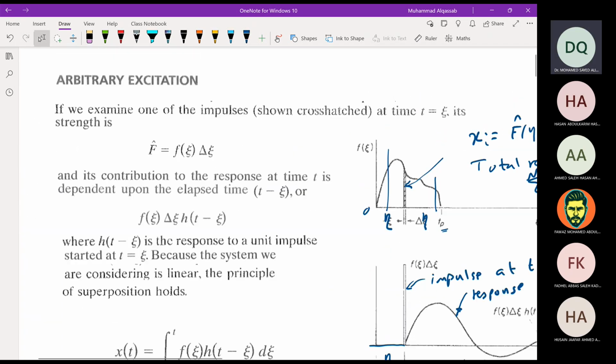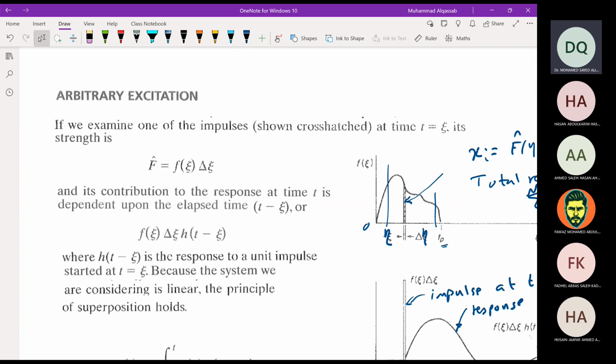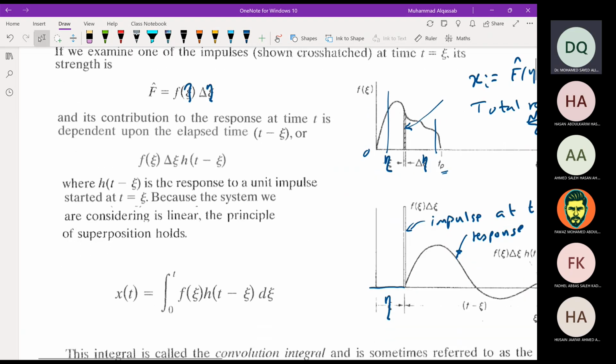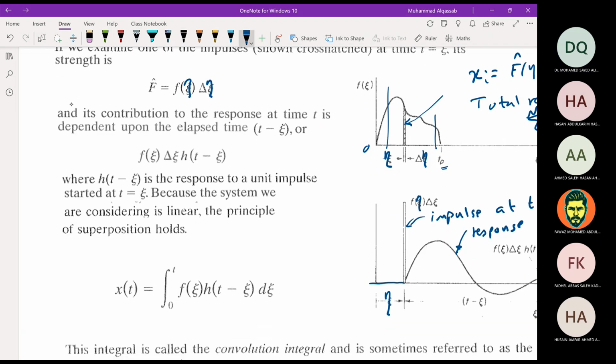So the definition of the impulse, as we said, is the integral of f dt, and for a rectangular approximation it is the rectangular area, f of eta times delta eta. So this is the impulse here. It is a rectangular shape, same as the previous section.